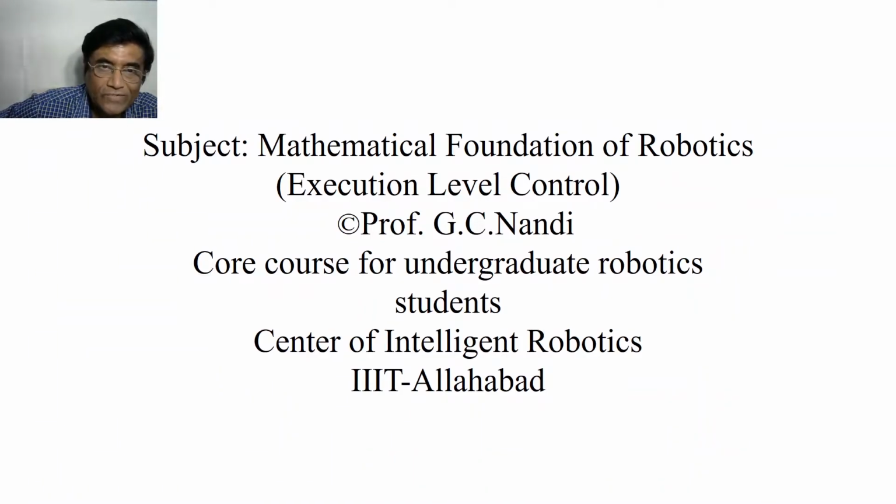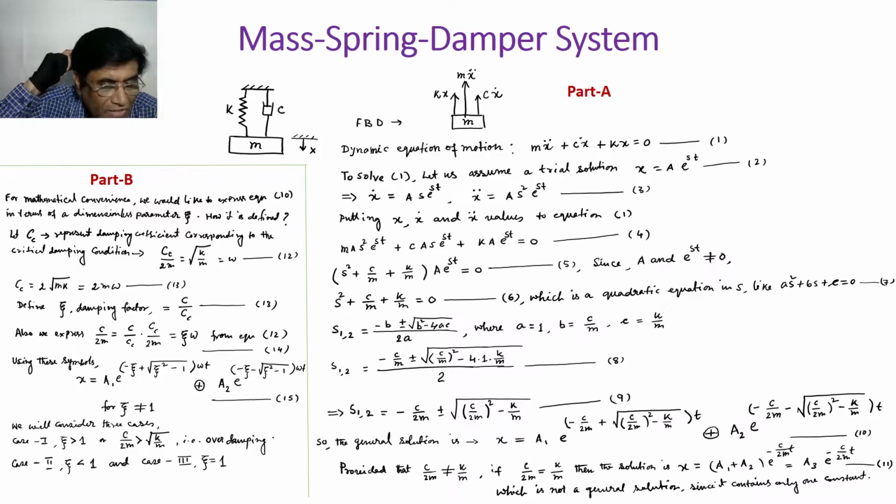You have started watching videos on mathematical foundation of robotics, and we are discussing execution level control. In the name of background creation, with some detail, we are studying second order system, and this is very, very important in vibration and control, in understanding mechanical systems, or electronic systems, or electrical engineering.